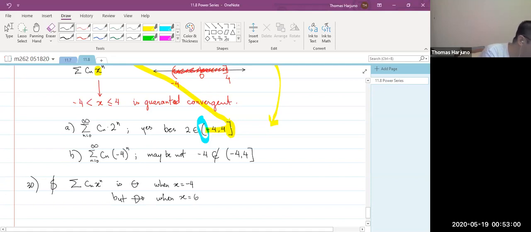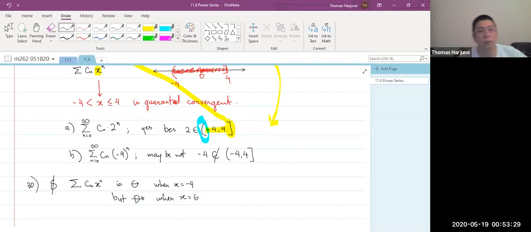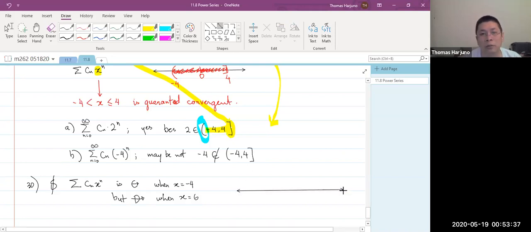Let's take a look at that question. Try to draw the number line, then try to imagine where the series will be convergent. So let's say this is the number line.